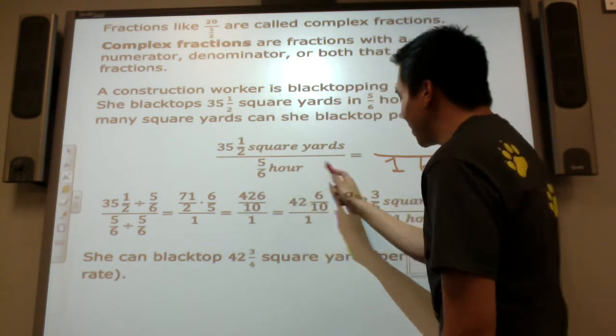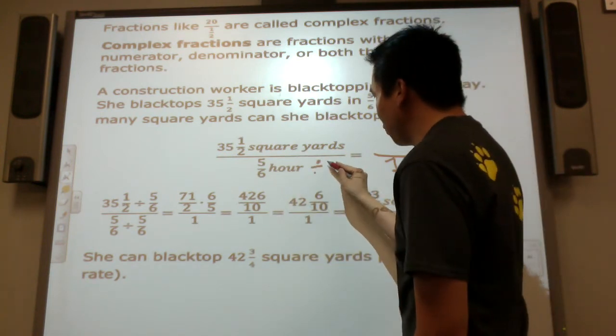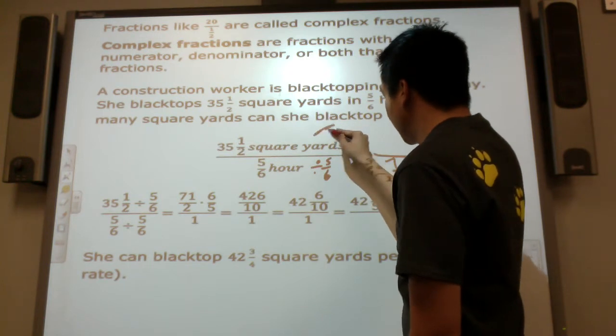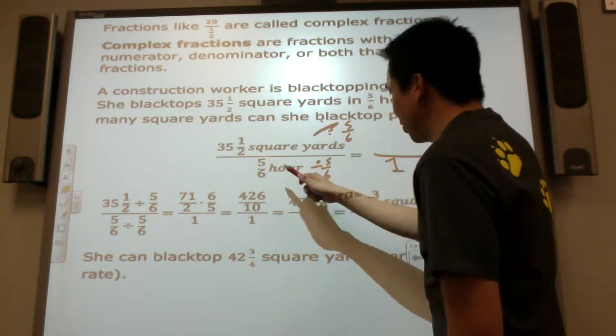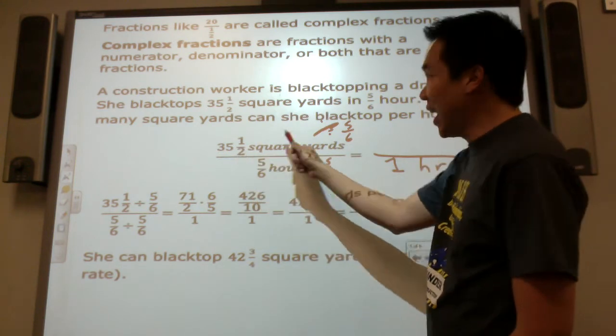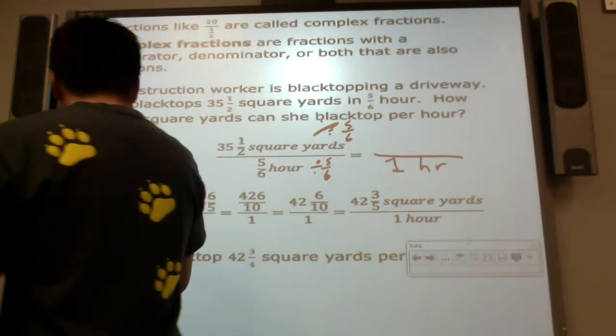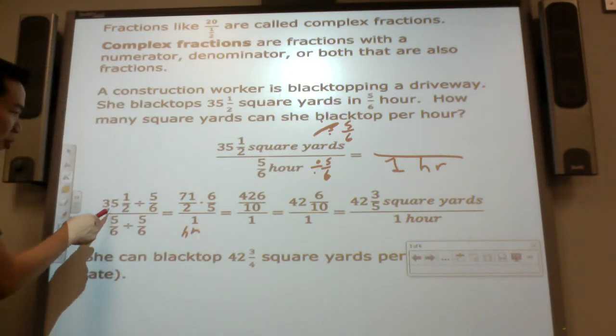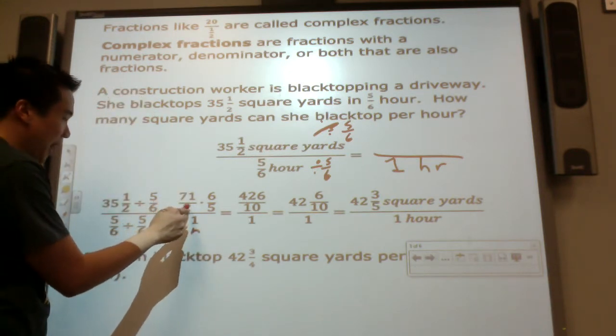So how do you turn 5/6 to 1 hour? I divide both numbers by 5/6. So if I do 5/6 divided by 5/6 is 1 hour. 35.5 divided by 5/6. So it makes 1 hour. So what's another way to rewrite 35.5? 71 halves.